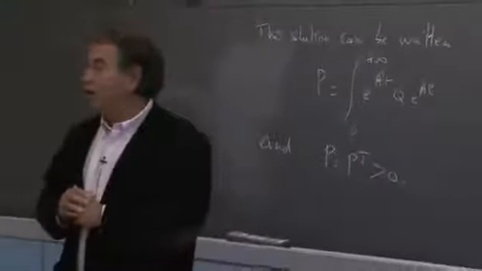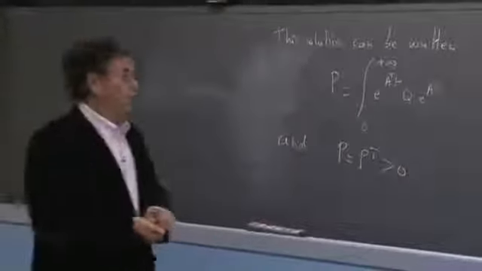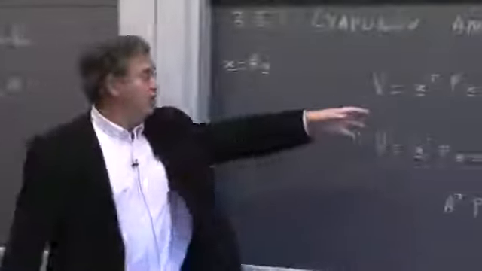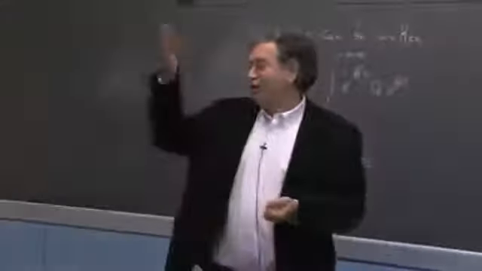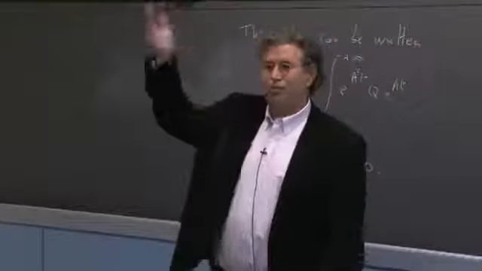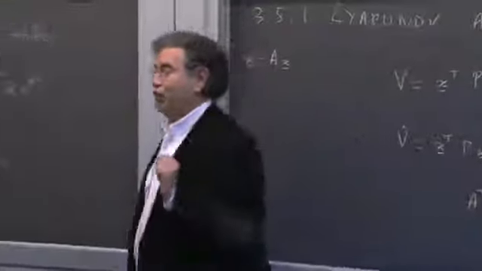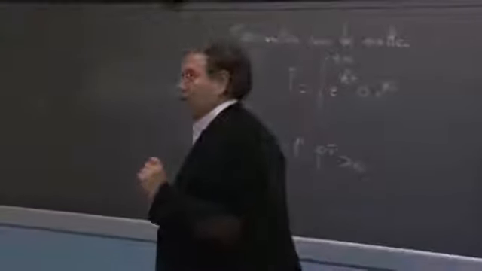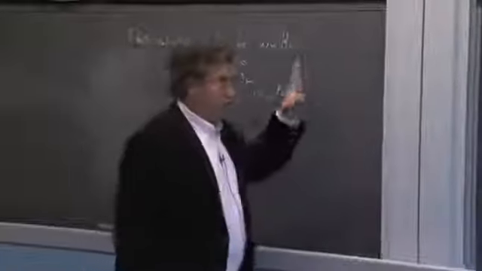How many equations is that? Three. Yeah, three, because if P is 2 by 2, in general it's n(n+1)/2, because P is a symmetric matrix, so you only have to take basically half of these equations. So this is the general result.